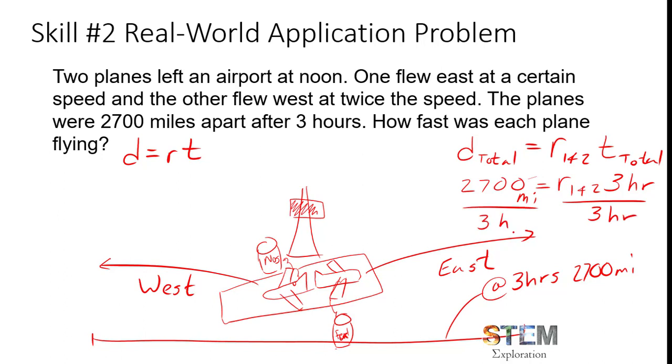And we can derive that the rate of plane 1 plus plane 2 is equal to 900 miles per hour. Okay, and so there are some pieces of information like that.